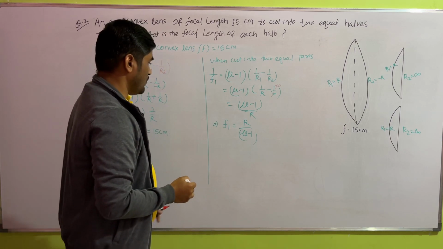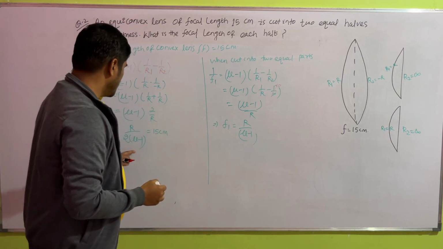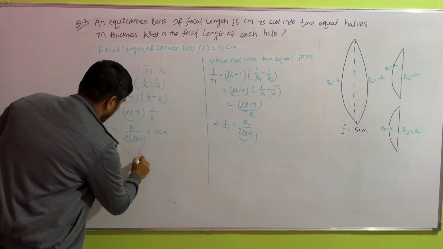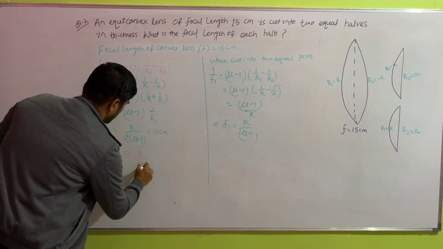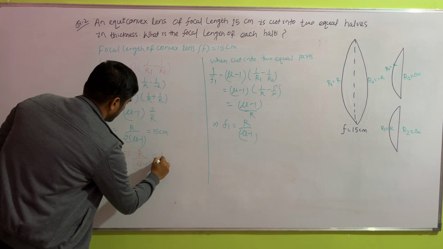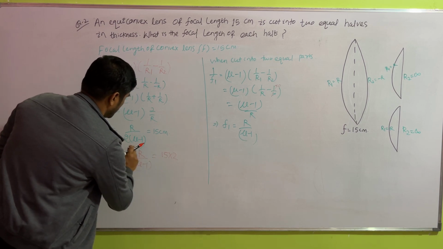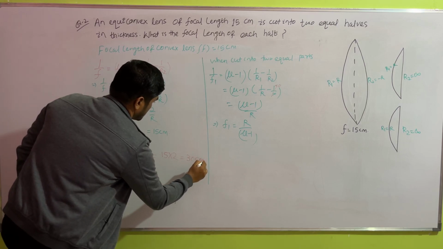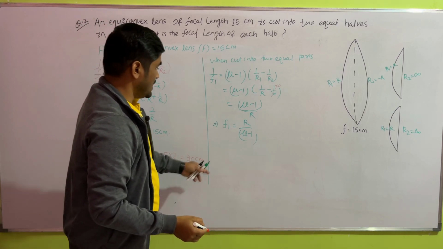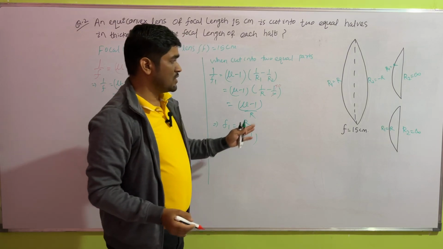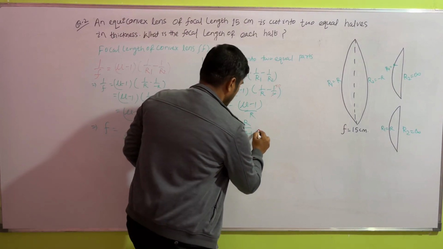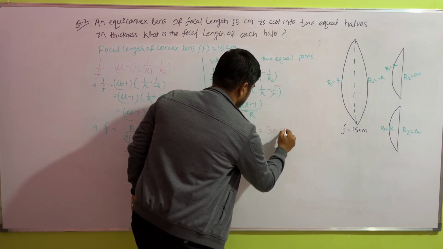So what is the value of R divided by mu minus 1? From this equation, R divided by mu minus 1 will be equal to 15 into 2, that is 30 centimeter. Then the focal length of the two parts will be equal to 30 centimeter.